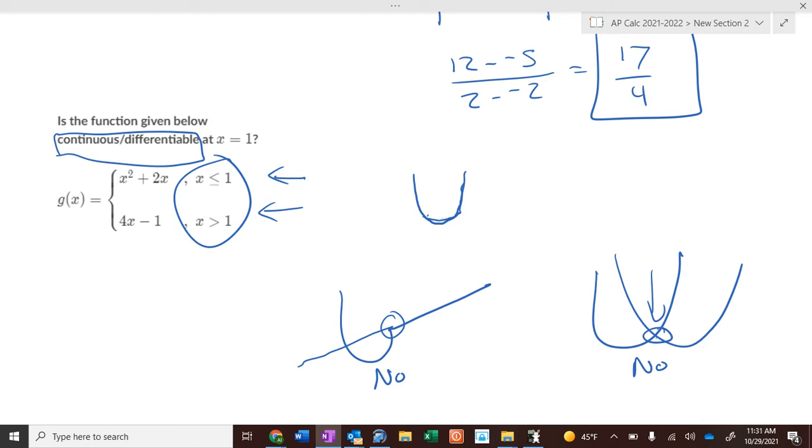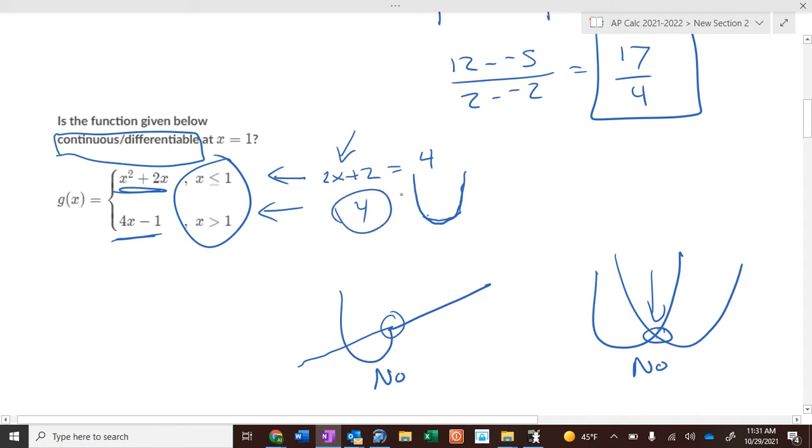Anna said, can't you just calculate it? And the answer is yes, you can. What's the first derivative of this at 1? What's the first derivative of this? They're the same from both sides. I thought you just plugged in that one.